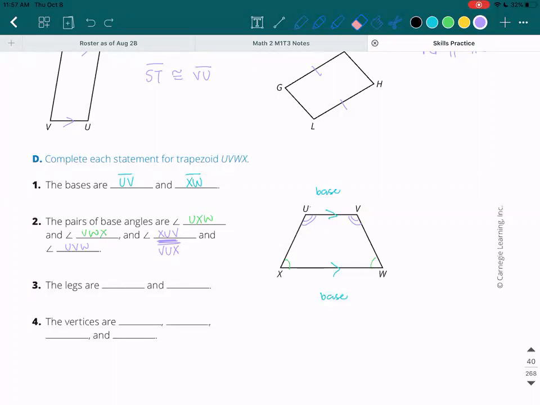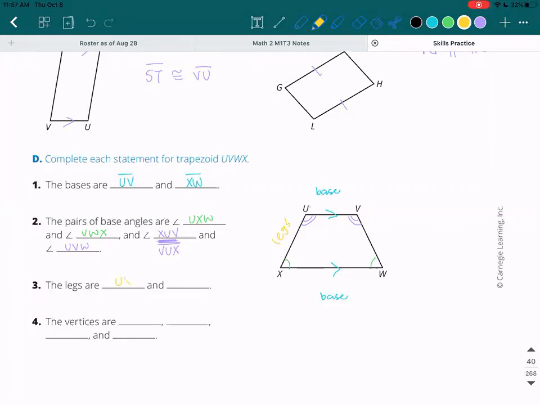Okay, so then any other questions on what we've done so far? Okay, let's move on to the legs. The legs are the ones that are not the bases. So we have UX.